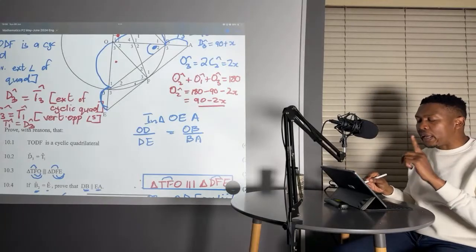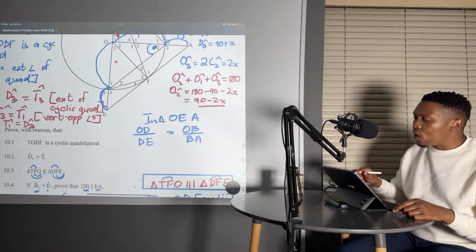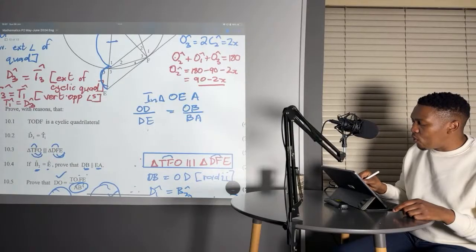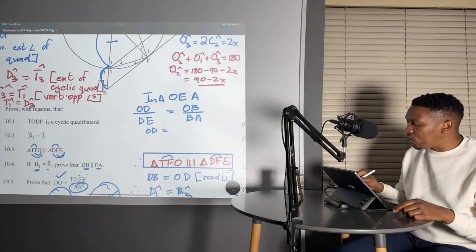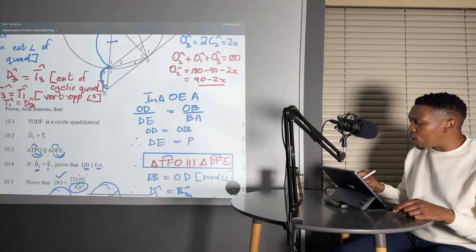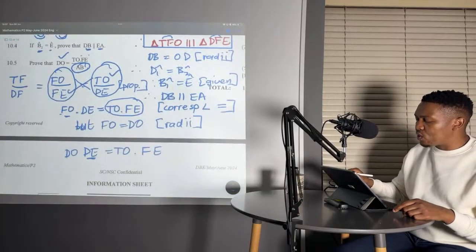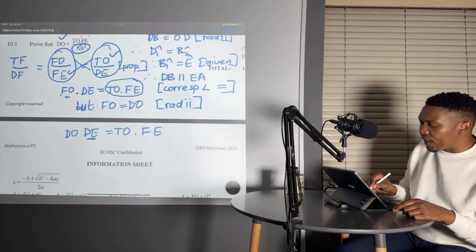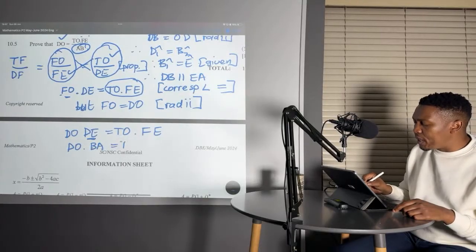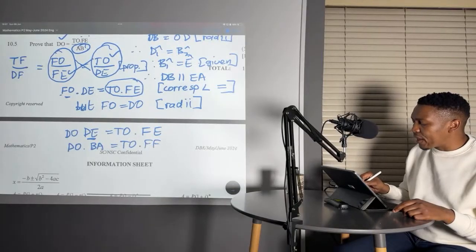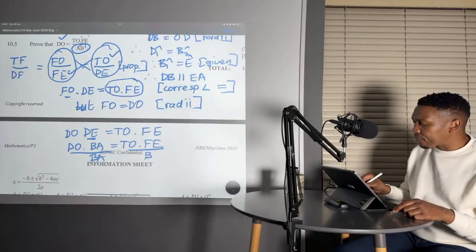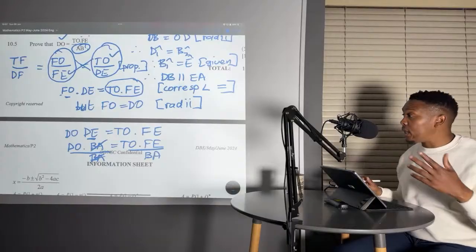But I want you guys to note, in this case, OD and OB are equal. OD is equal to OB. So therefore, it means that DE should be equal to BA. And so, ladies and gents, there we've proven it, that therefore DO multiplied by BA will be equal to TO times FE. And all that is left for us to do is divide both sides by BA. And we've essentially proven it.